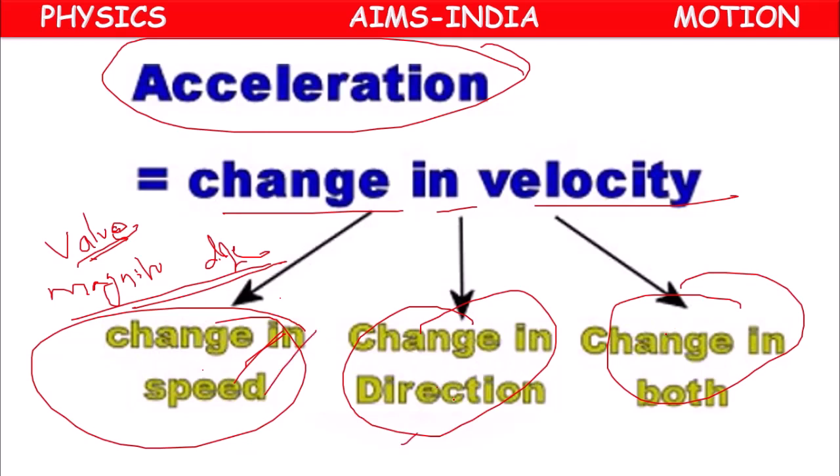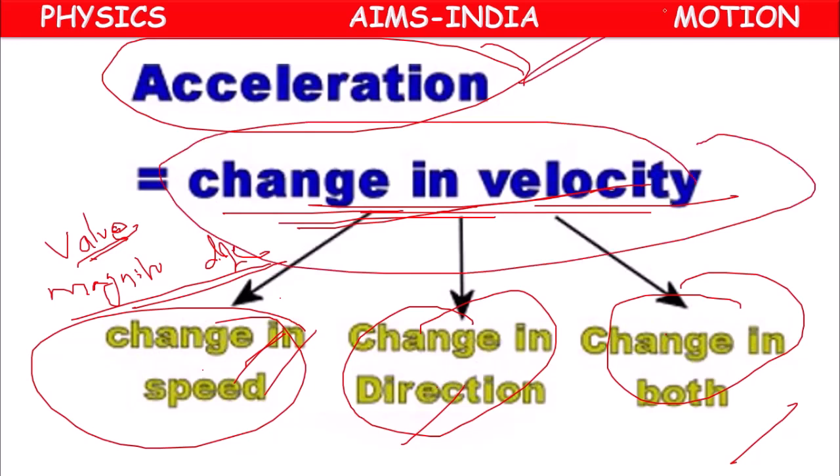Because of these three reasons, if there is any change in velocity, this change in velocity is called acceleration. So we have a new word called acceleration, children, which means change in velocity. The reason may be any one of these, but a change happened. So that's why there is acceleration.